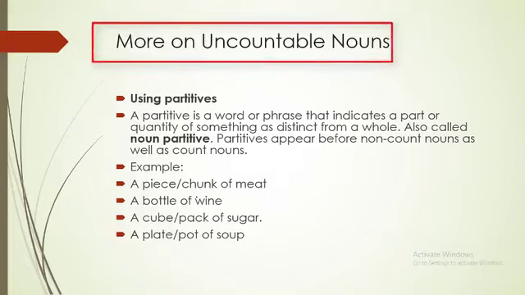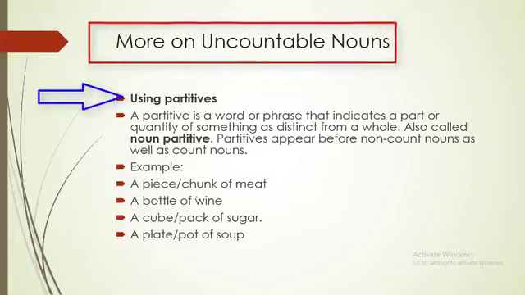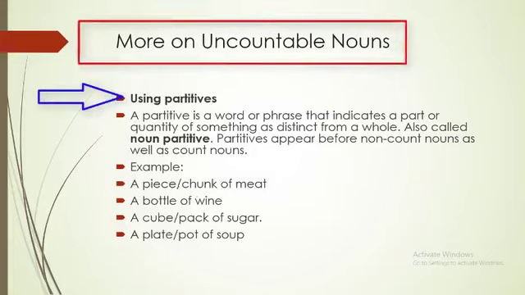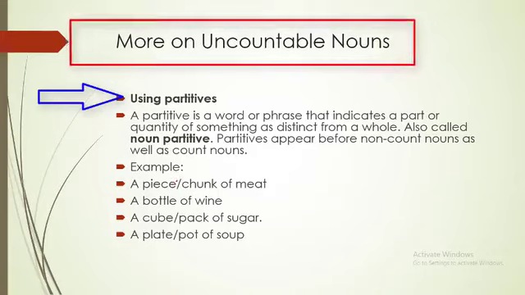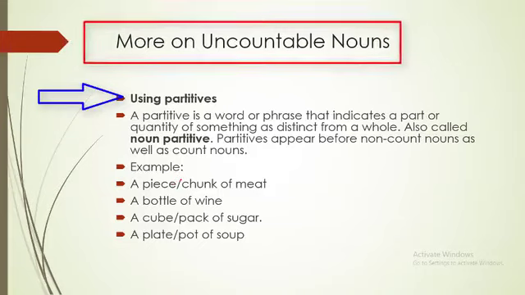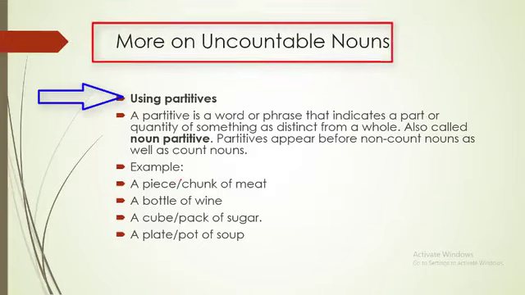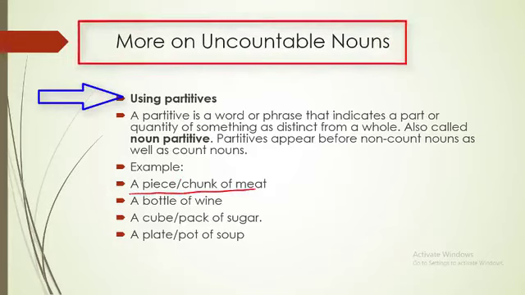Number one, you must introduce what we call partitives. What is a partitive? A partitive is a word or phrase that indicates the quantity of something, or that indicates that something is a part of a whole. For instance, a piece of meat.